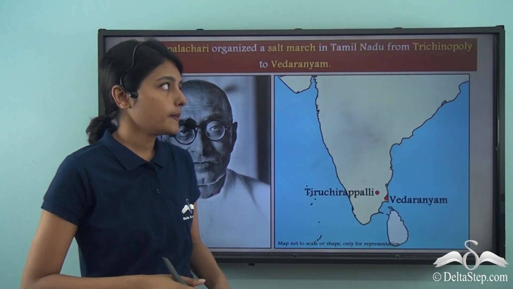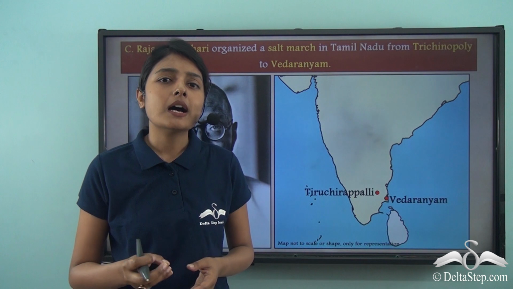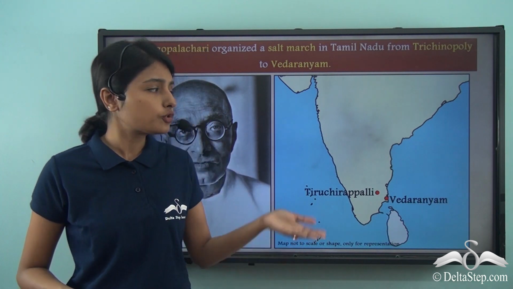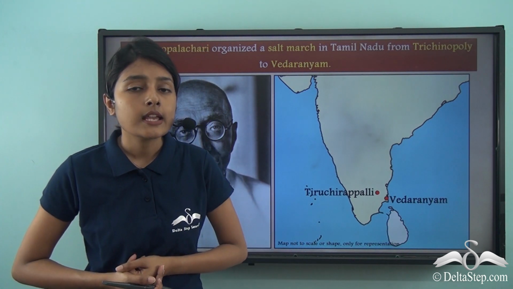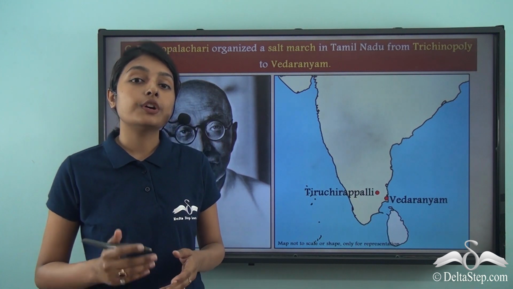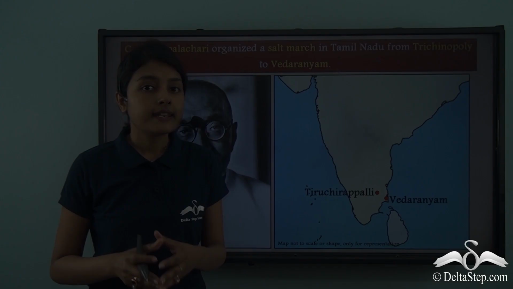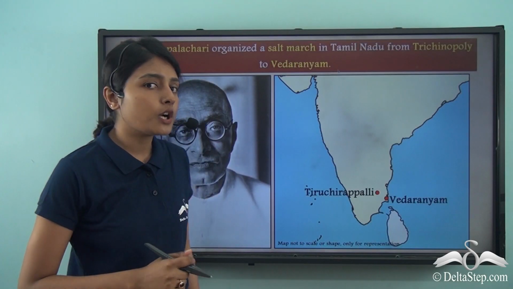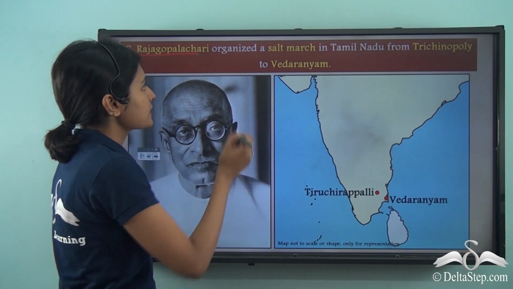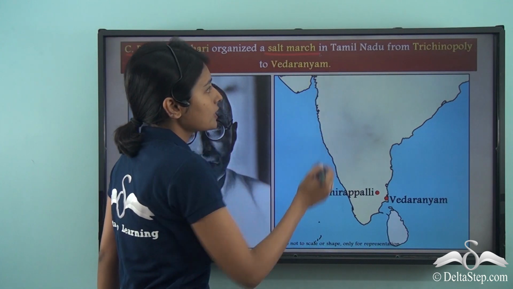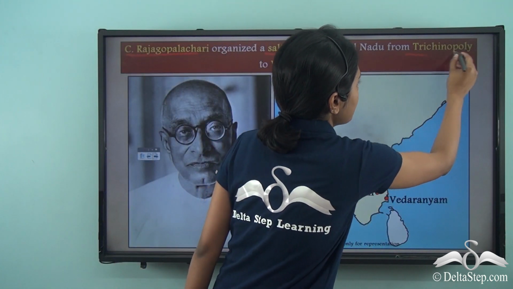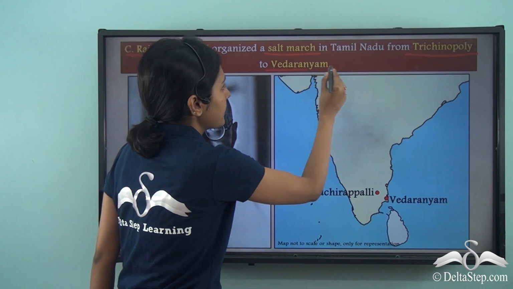Now, salt marches kept on happening throughout the Indian subcontinent because many people were inspired by Gandhi's famous Dandi March. Now, in the southern part of the subcontinent, C. Rajagopalachari organized a salt march in Tamil Nadu from Trichinopoly to Vedaranyam.